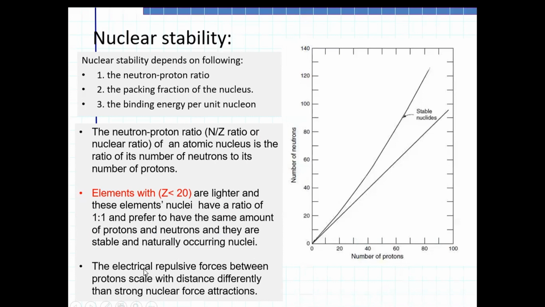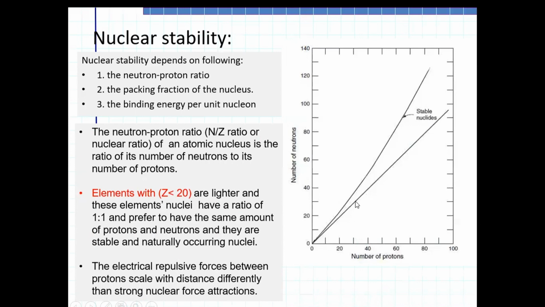If we compare the forces, the electric repulsive force between the protons scales very differently as compared to the strong nuclear force, that is an attractive force.